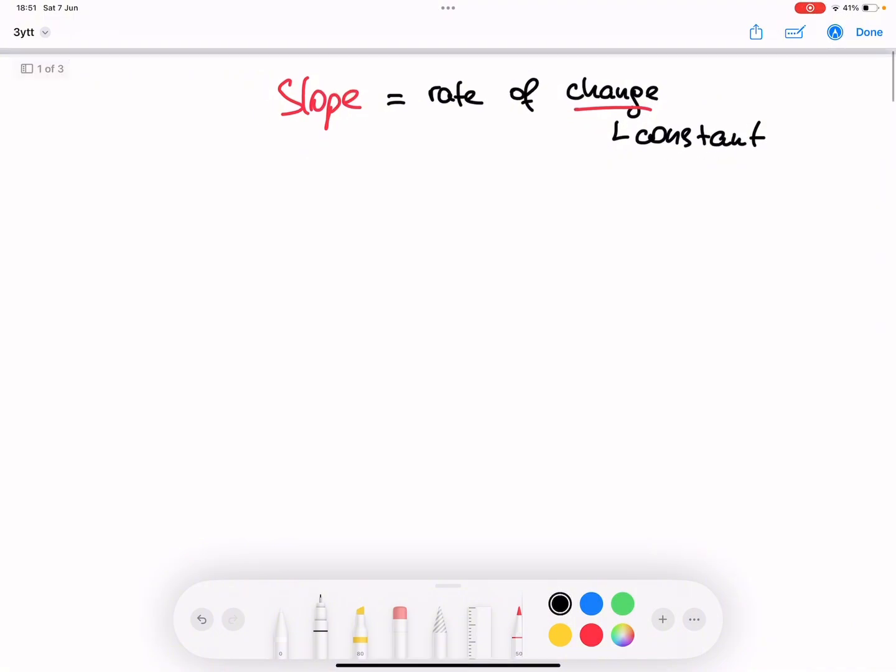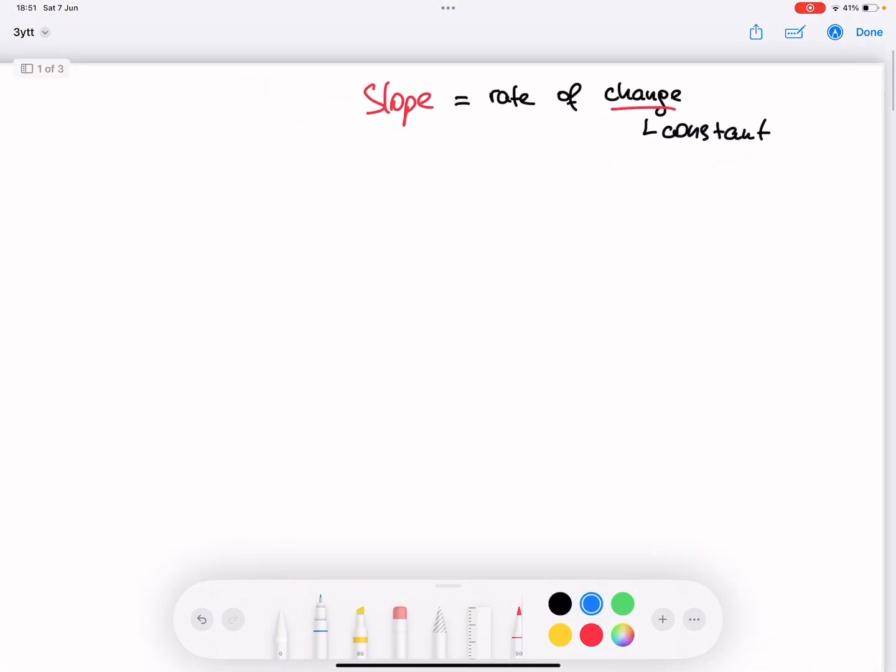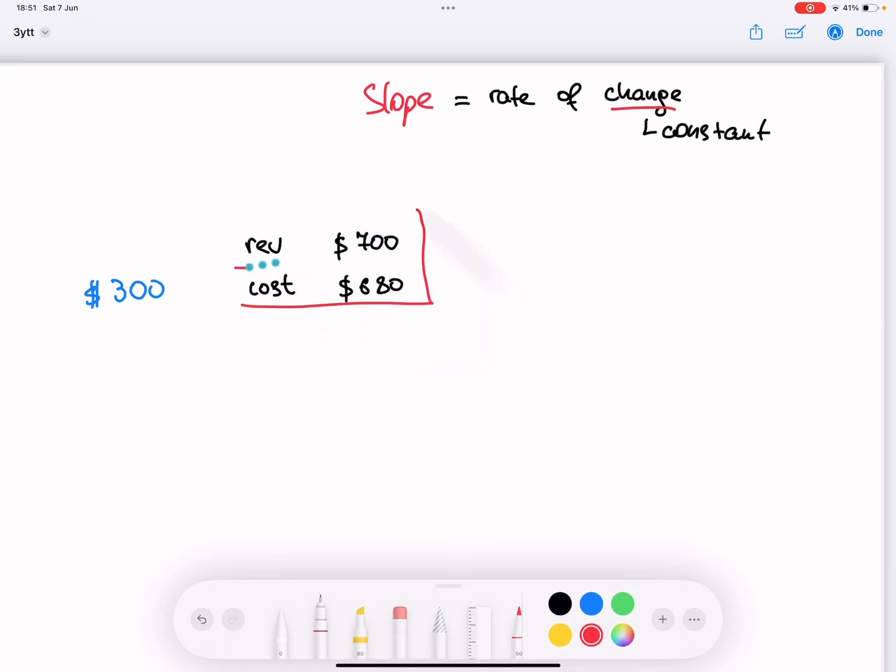Let's think about a scenario: imagine you have $300 initially, and you have monthly revenue of $700, and also some monthly costs of $680. Let's write. From here, you would understand that our monthly save is $20.